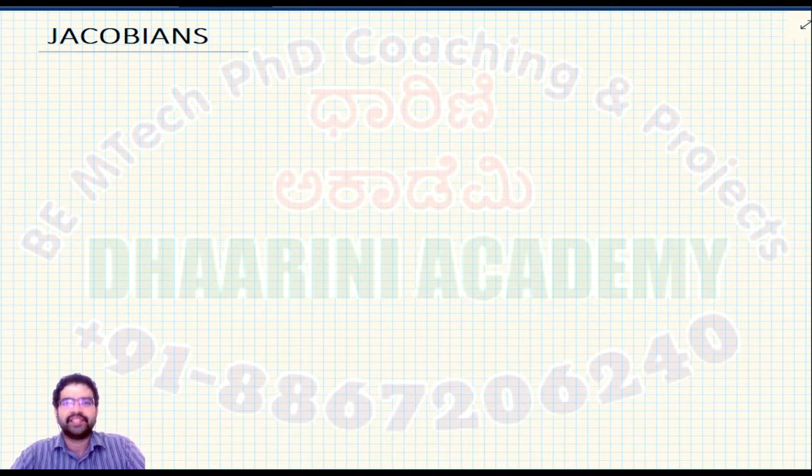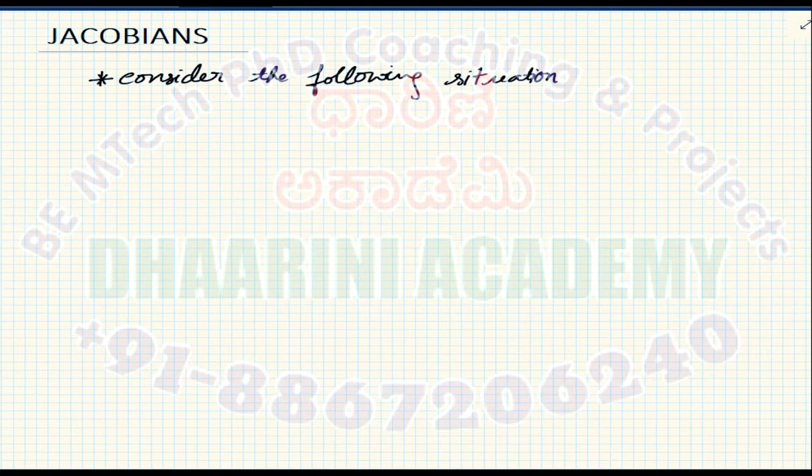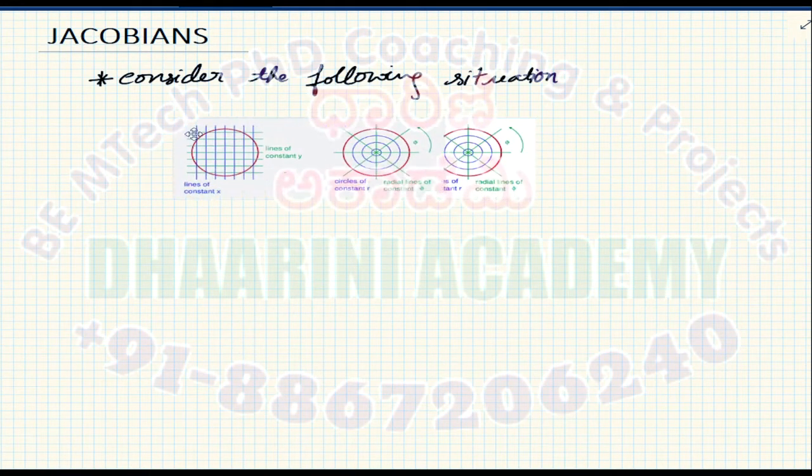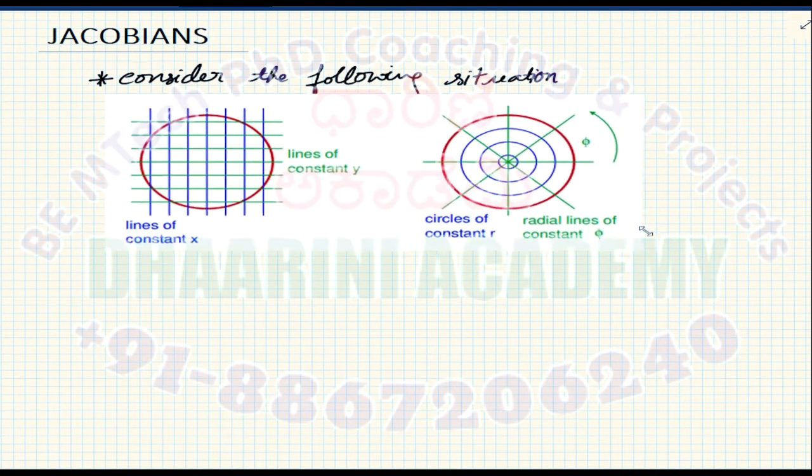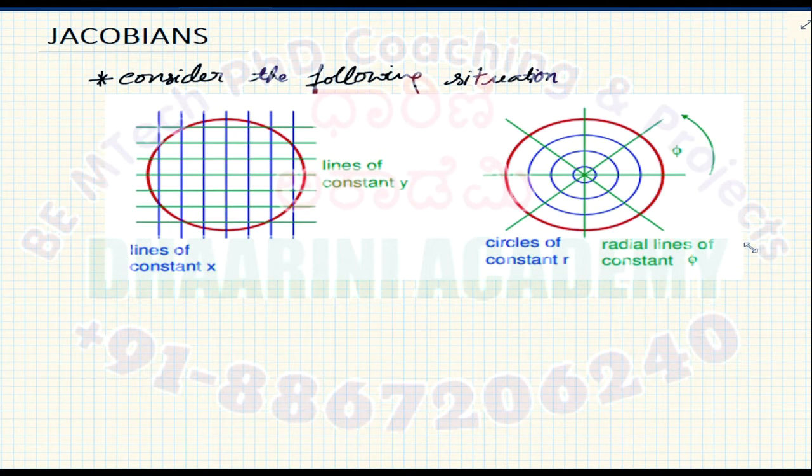Let's start with Jacobians. Let us consider the following situation. Here, let's consider a diagram. We have a coordinate system.